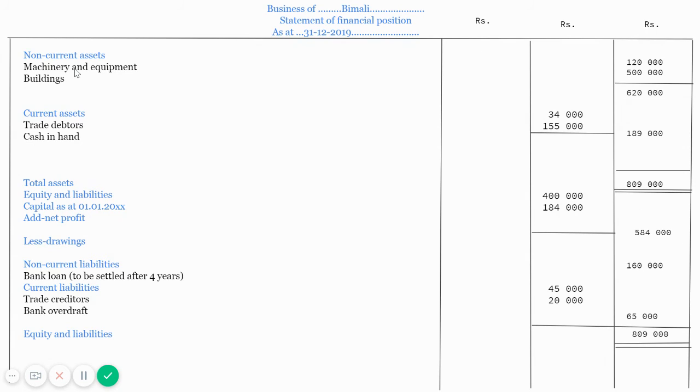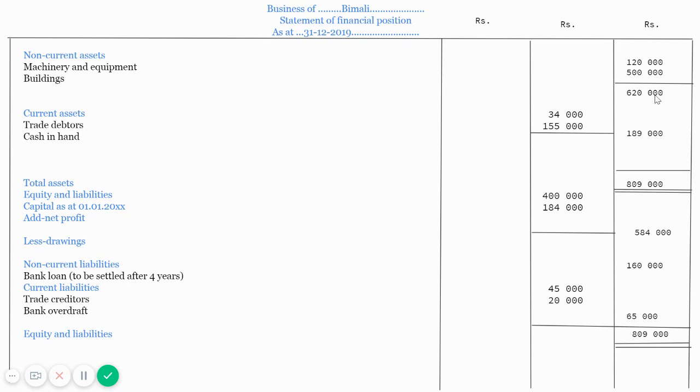Going back to the beginning of the statement of financial position, you can get the total of the non-current assets, which is 620,000 here. Then get the total of current assets, which will be 189,000 here.